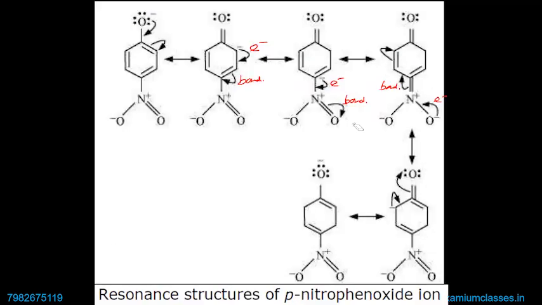One specific question appears: why does the presence of NO2 group increase the stability of phenoxide ion? And the reason is because it increases the extent of resonance. There is resonance in this NO2 group as well. Earlier, the resonance was only in the phenoxide ion. If the NO2 group is attached, it increases the extent of resonance. That's why it is more stable.